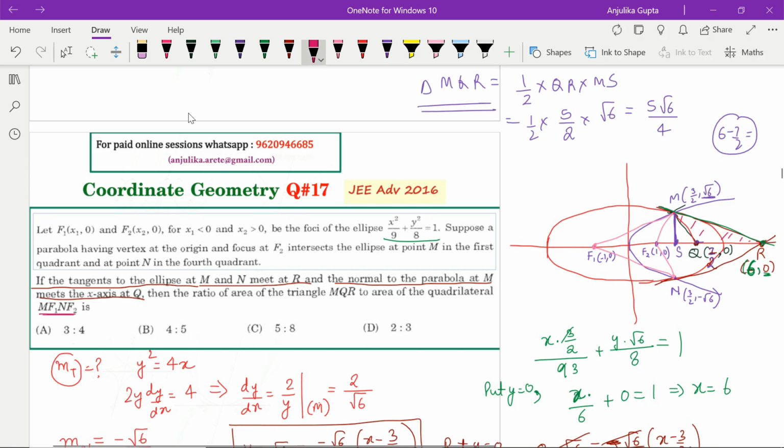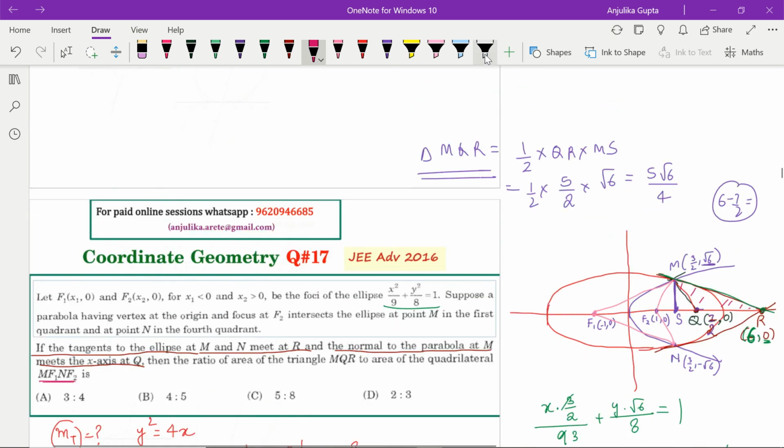Now let's work on the area of the quadrilateral. This whole area. Can you see that it is made up of two triangles, right? This is one triangle and the same triangle doubled up. So let's get the area of this triangle and we will take twice that.